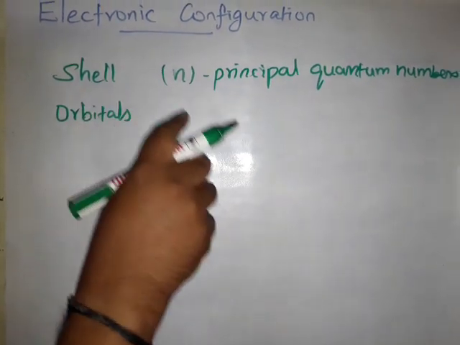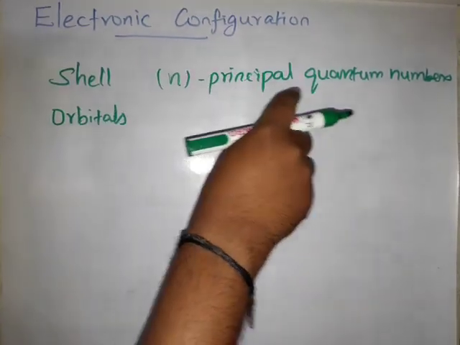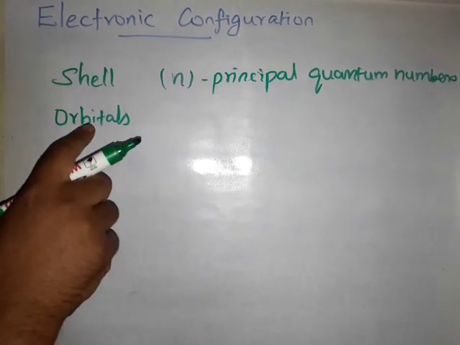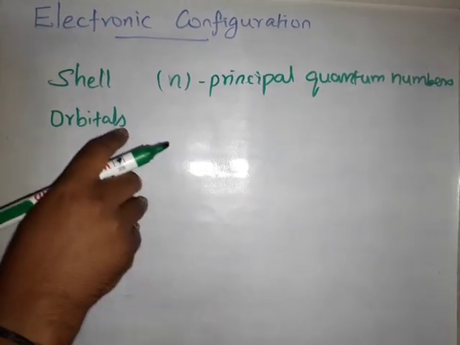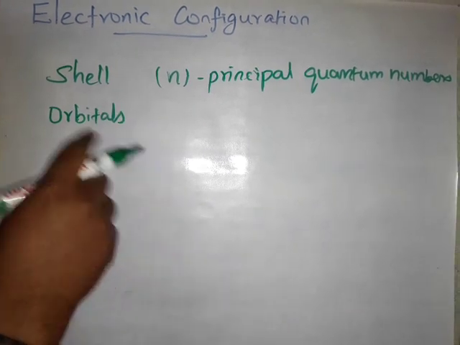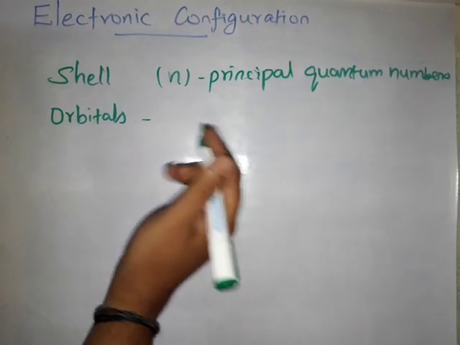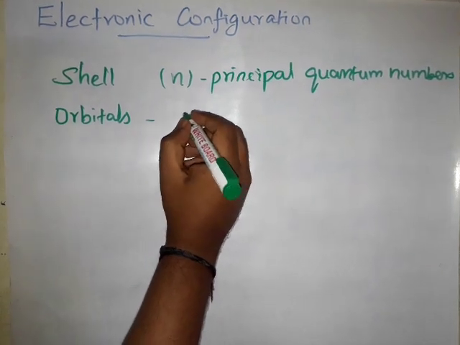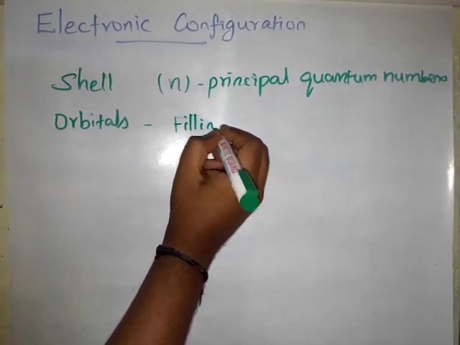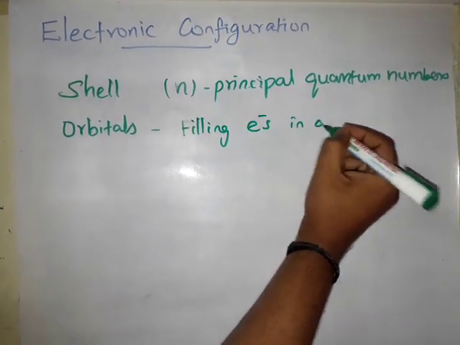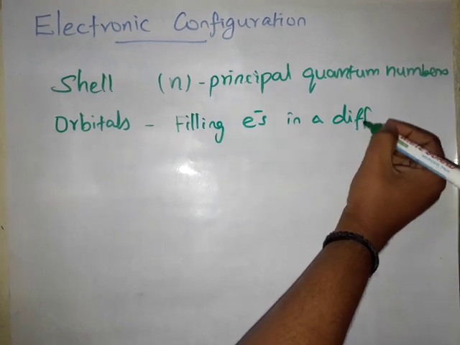The principal quantum number n defines the main energy level, known as the shell. Then we also studied the filling of electrons in different subshells, which are called orbitals.